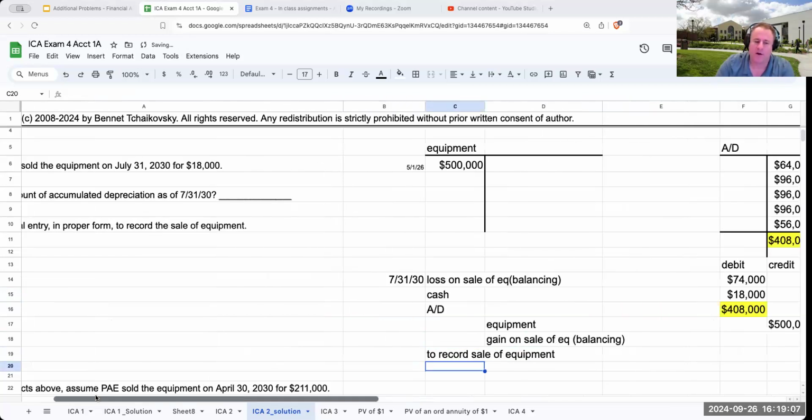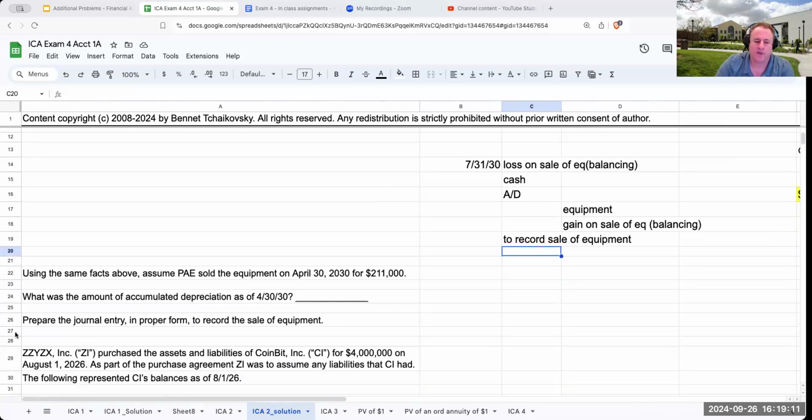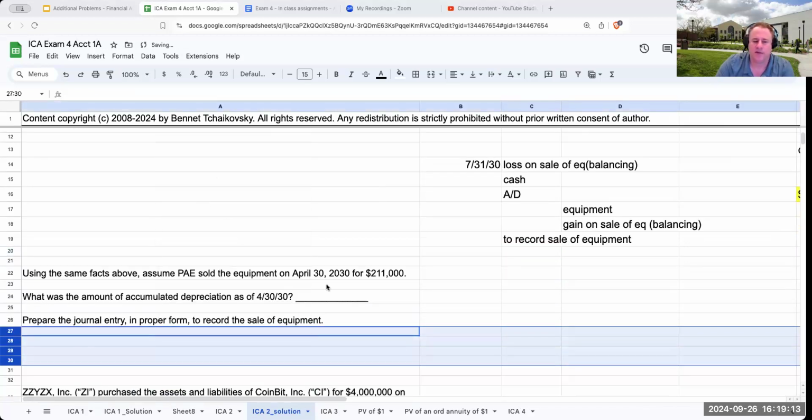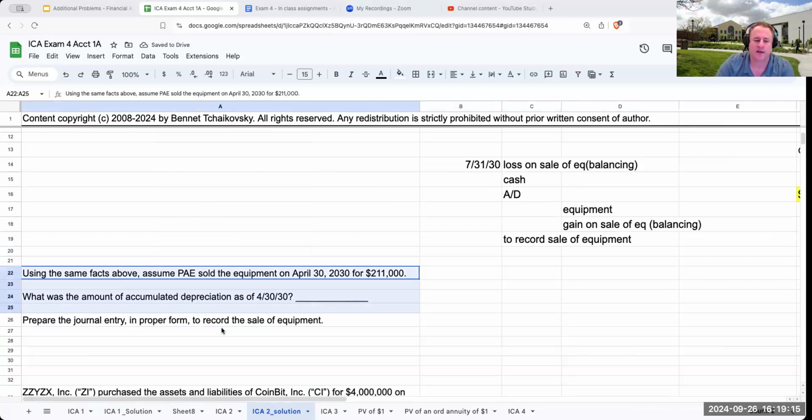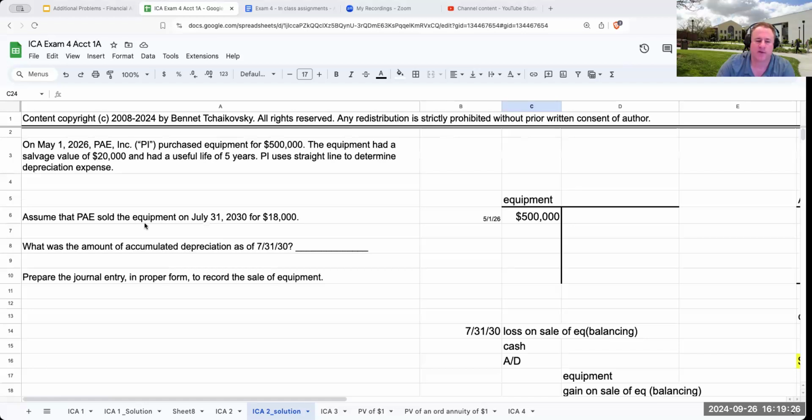Okay, now here's another one, which is basically saying, using the same facts above, except that on April 30th, we sold the equipment for 211,000. So let's go ahead and answer this.